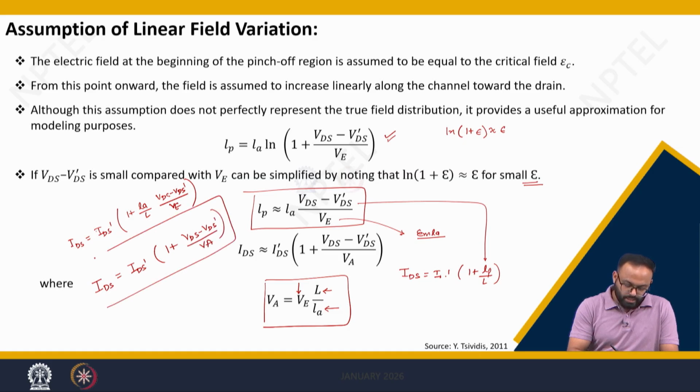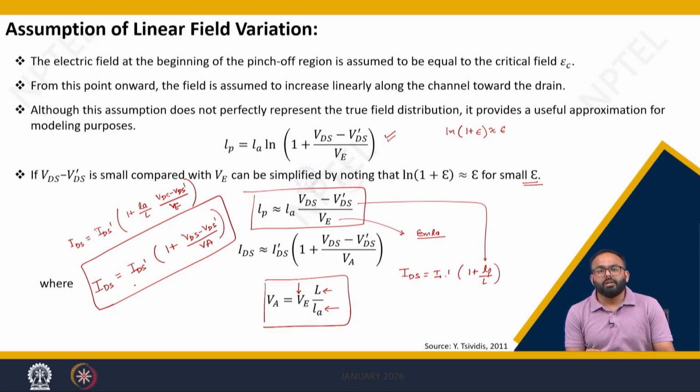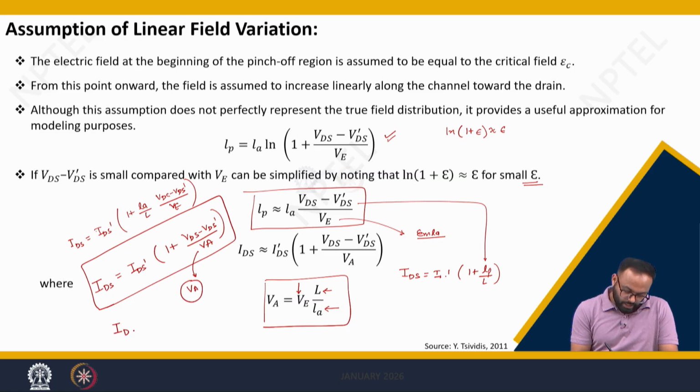Here VA, loosely speaking, is called the early voltage. In hand calculation it can be represented as IDS into 1 plus lambda into VDS, where lambda is nothing but 1 over VA.